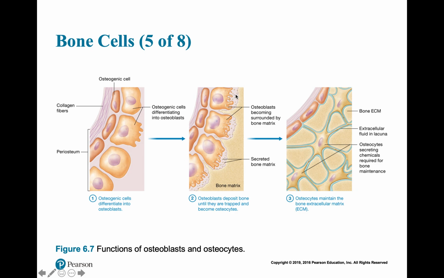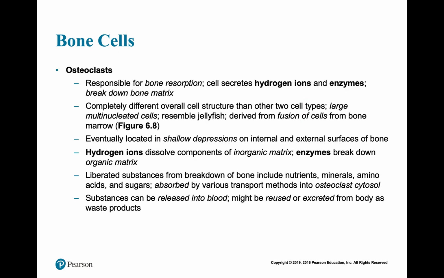They are very metabolically active, and they're going to secrete the extracellular matrix of bone. Eventually, they change their shape, forming these cytoplasmic extensions. They completely surround themselves with bone matrix. And then they are now mature osteocytes. They no longer lay down new bone, but they just maintain the current bone matrix.